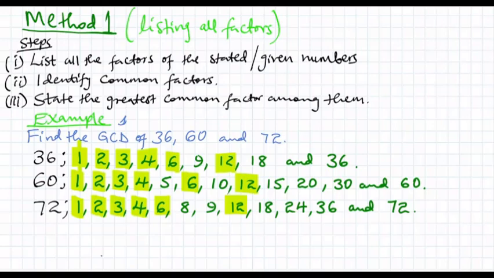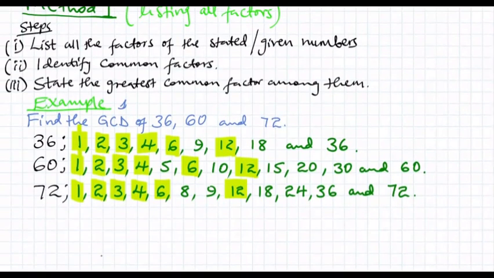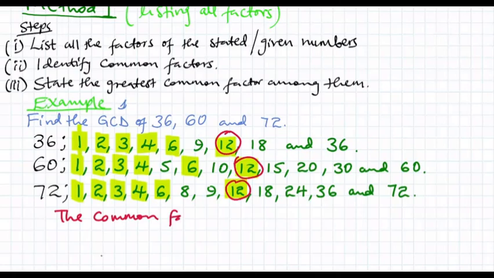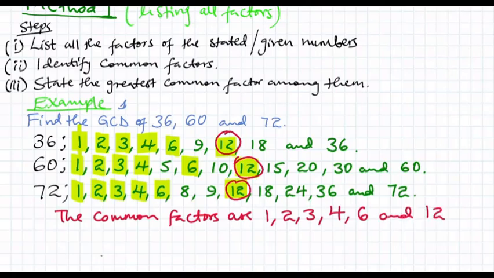Now, since we have identified the common factors, which one is the greatest common factor among them? Now we pick the greatest, and the greatest is 12. So we end up saying that the common factors are 1, 2, 3, 4, 6, and 12.